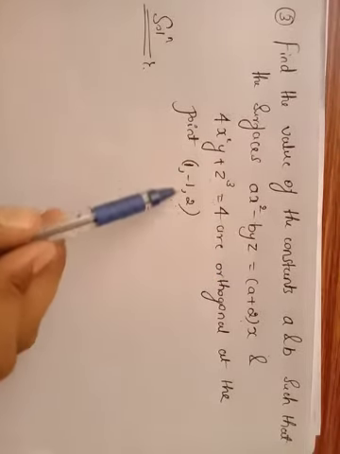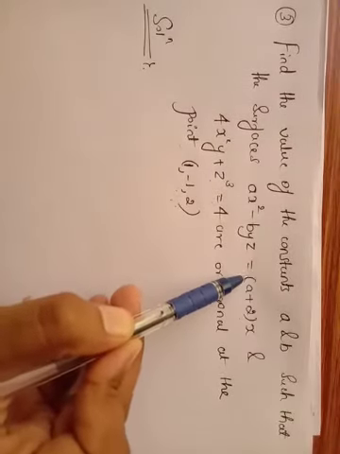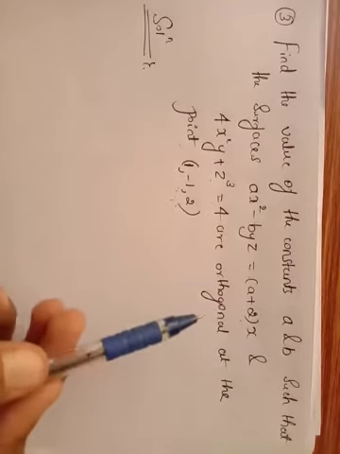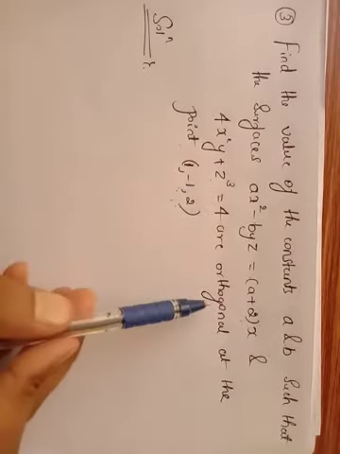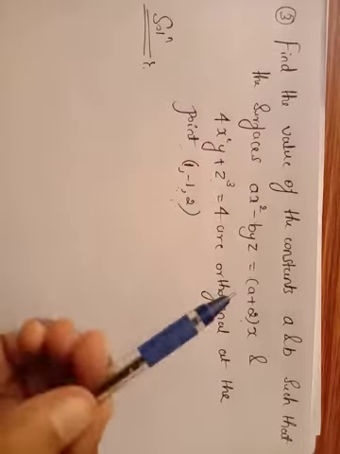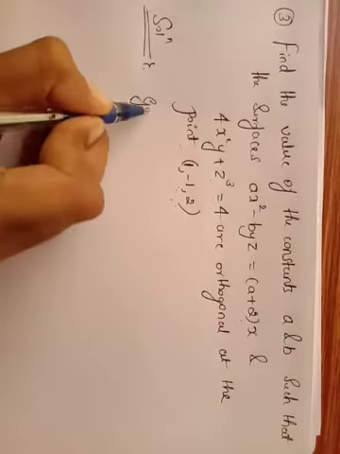So by substituting this point in the first equation, you will get the result of a or b. Second, applying the orthogonality condition to these two surfaces, you will get the result for the other constant, a or b.